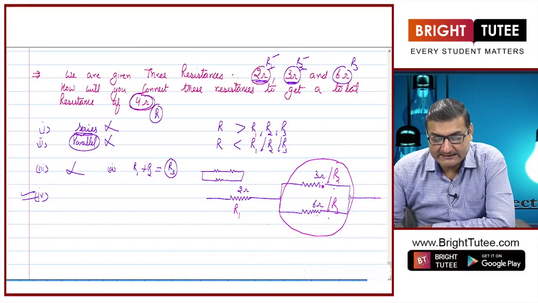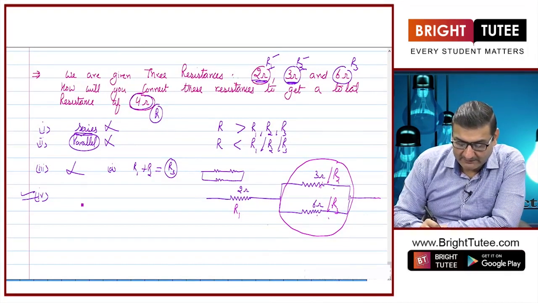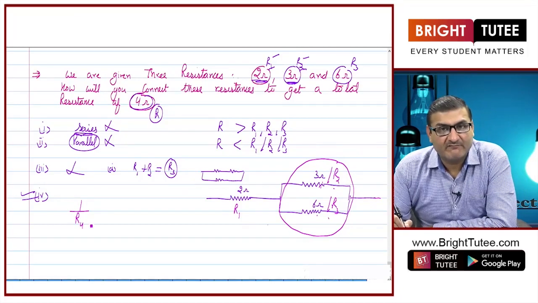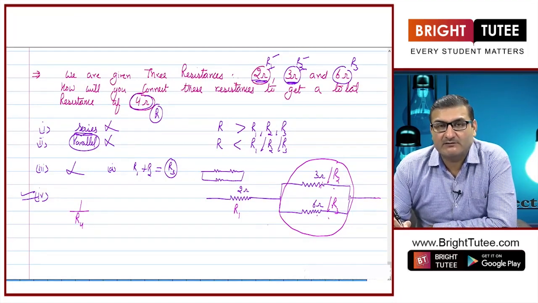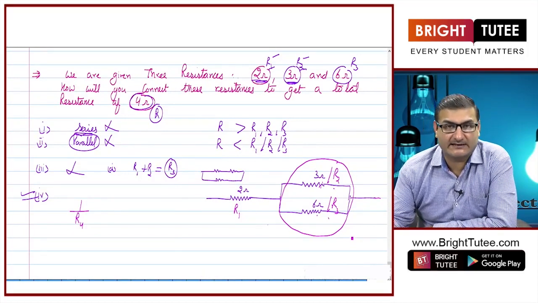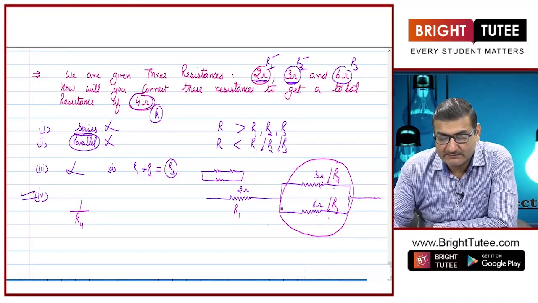Since I can see that they are in parallel, I will calculate their total and give it a name R4. Why R4? Why not R? Because R will be taken as the combined resistance of the whole circuit, which this is not, it is just a part of it.